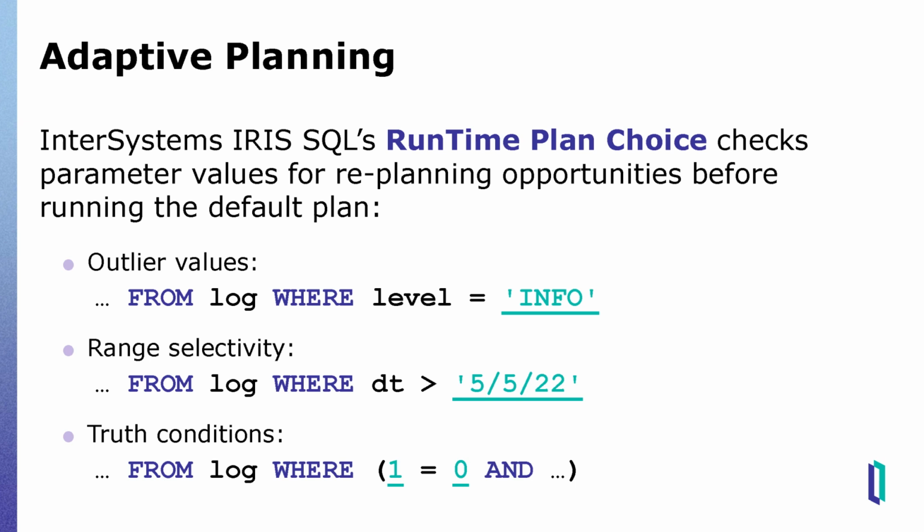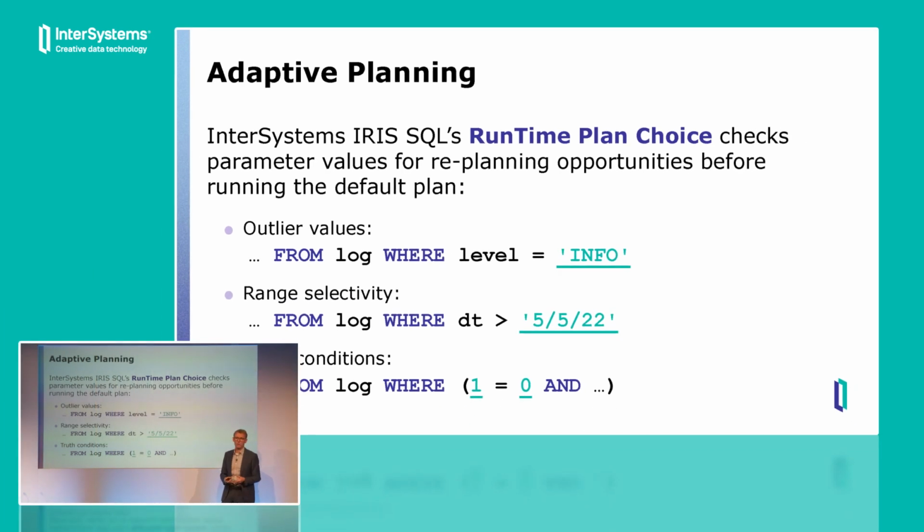This looks quite ridiculous, but you would be surprised how many tool-generated queries or application code contain this kind of query, where at runtime they can just feed in a different parameter and knock out a whole part of your WHERE clause, or knock out a whole part of your query plan. Obviously, these are cases where your query plan may change drastically based on those runtime values. So that's another case where we do runtime planning.